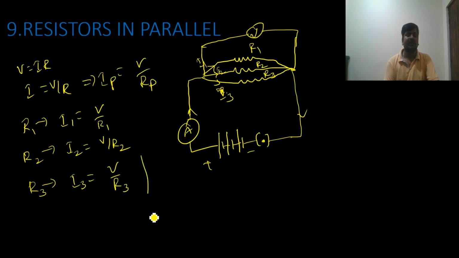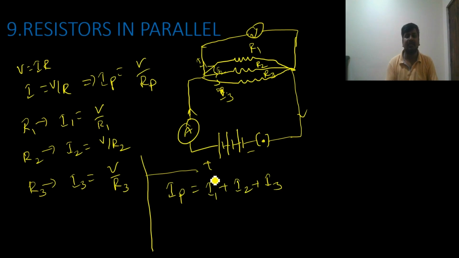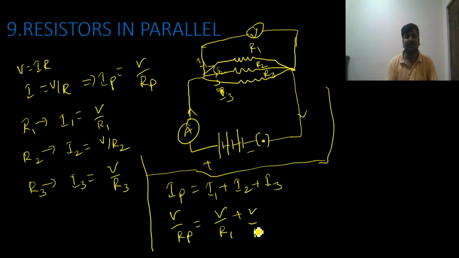Then the current in the parallel combination IP equals I1 plus I2 plus I3. We can substitute: V by RP equals V by R1 plus V by R2 plus V by R3.